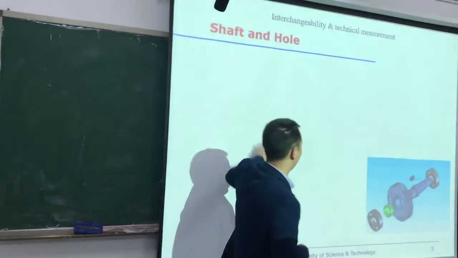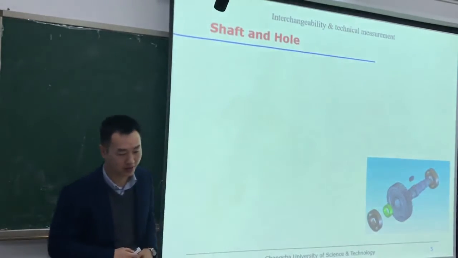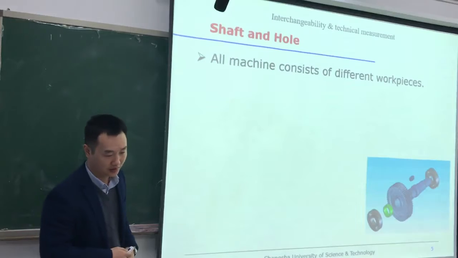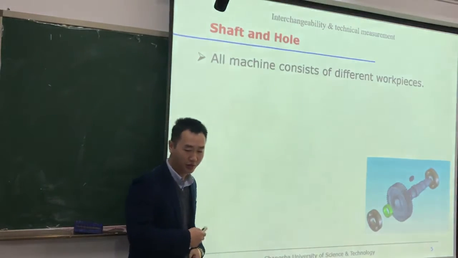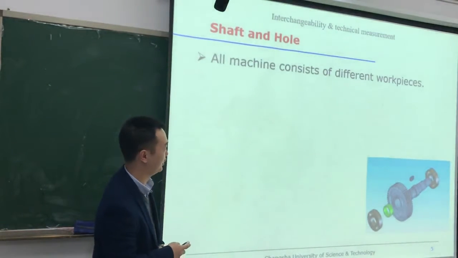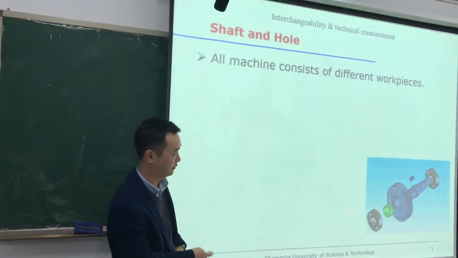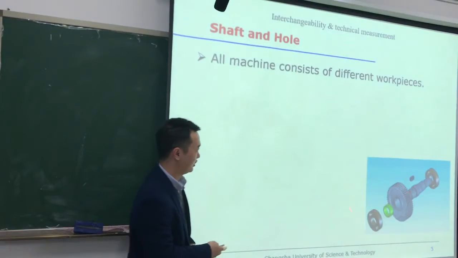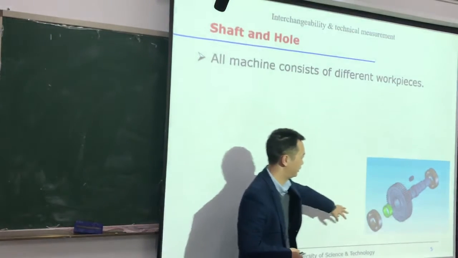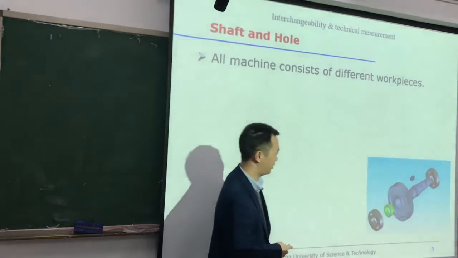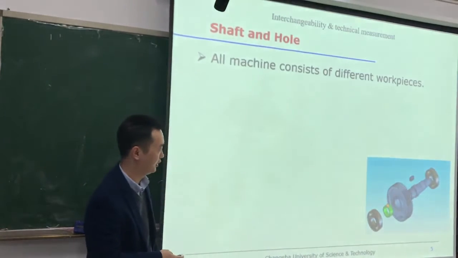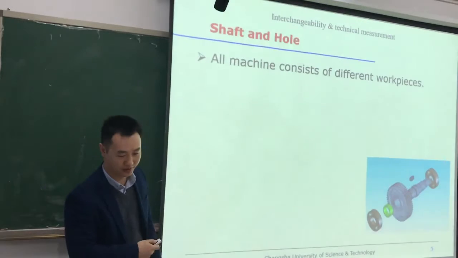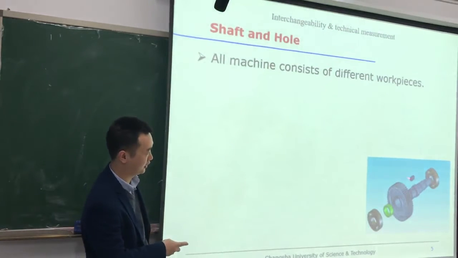And here we give the definition of the shaft and hole. In mechanical engineering, all machines consist of different workpieces, like this one. It's a component in a gearbox, and they have many components like bearings, gears, shaft, and this key.